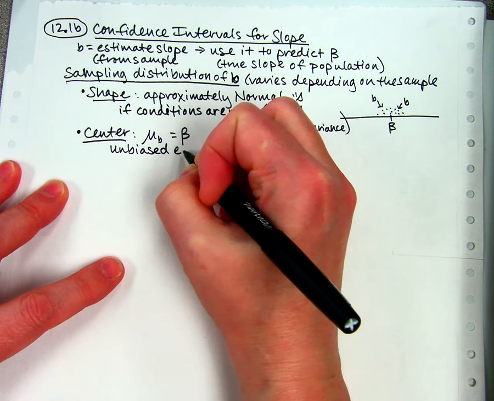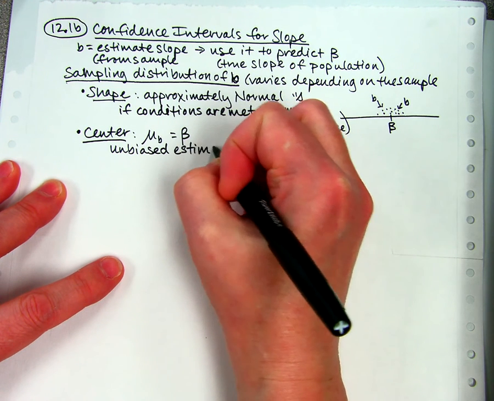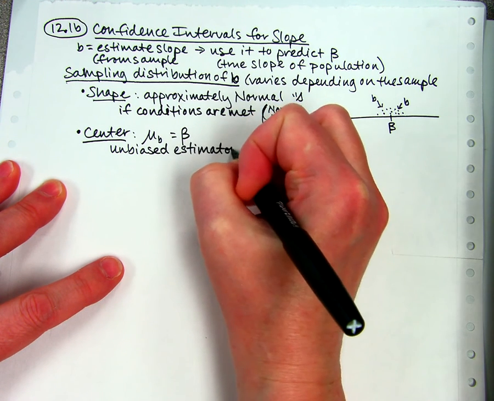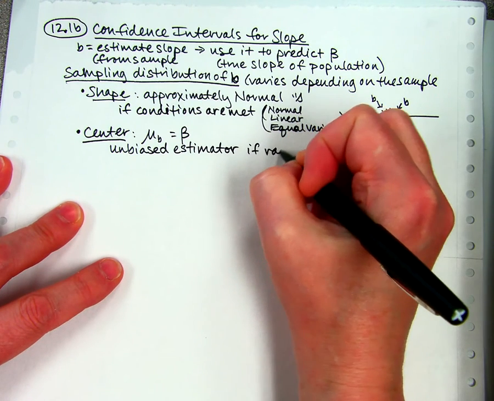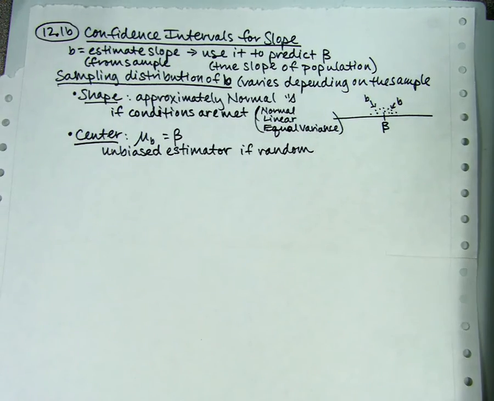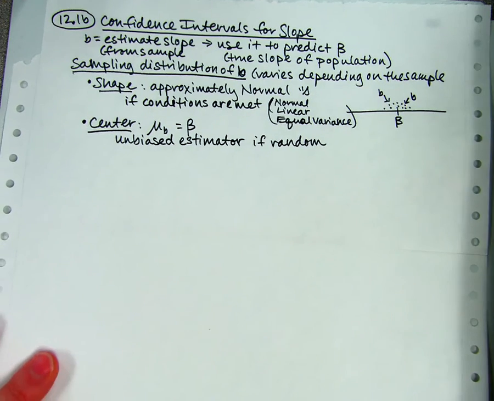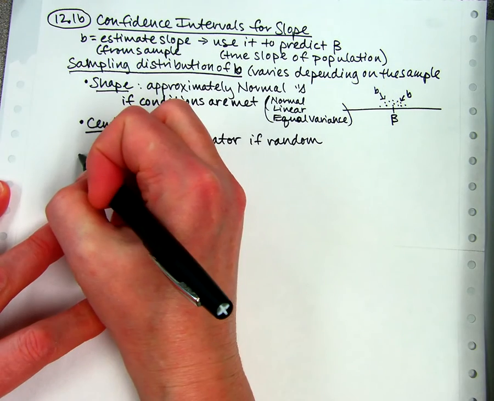We're not going to do the biased ones. That'll be a later stats class that you might take in college. So an unbiased estimator is true if you have a random sample. That's the condition that causes that to be true, and that's the reason we check that condition, either randomly assigned treatments or a random sample. So that's also pretty simple.